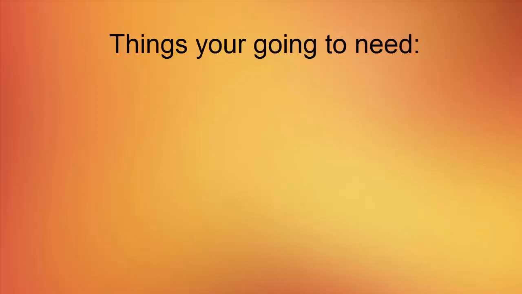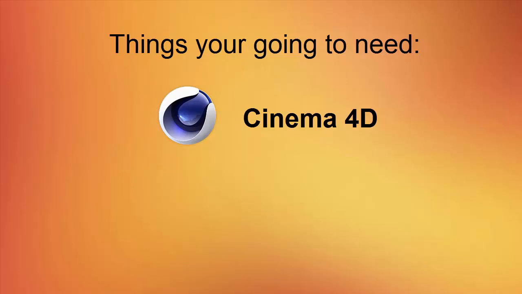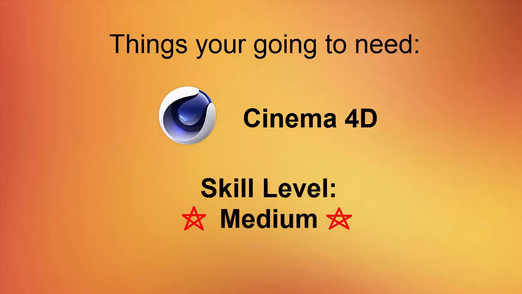Okay, the things that you're going to need for this is obviously Cinema 4D, which is the number one thing that you're going to need. But the main thing I want to focus on today is the skill level. The skill level needs to be medium because you have to be creative, and you need to have some knowledge of Cinema 4D.